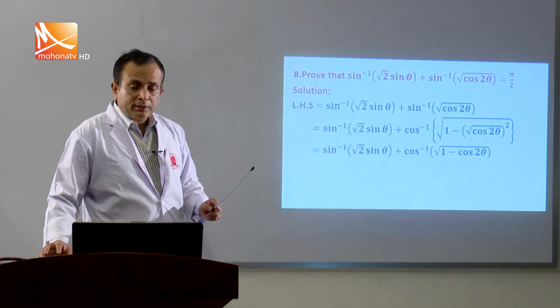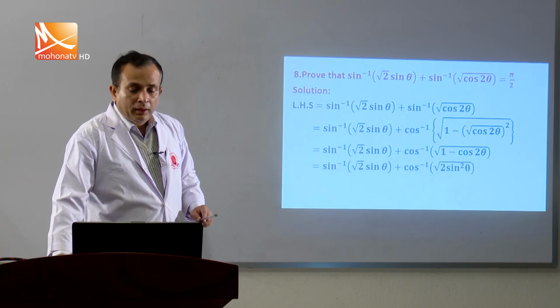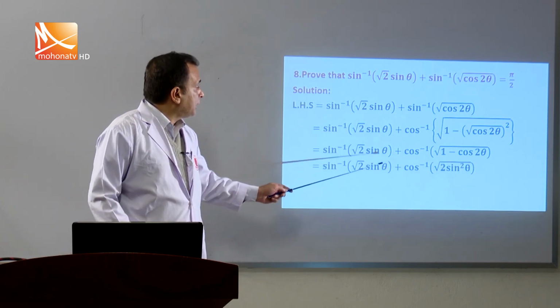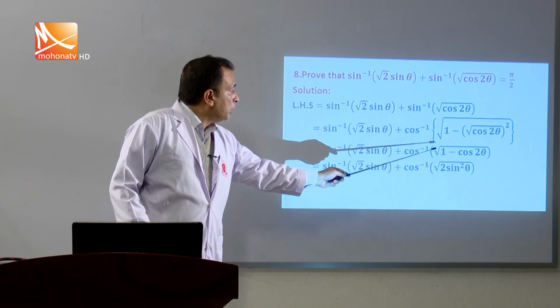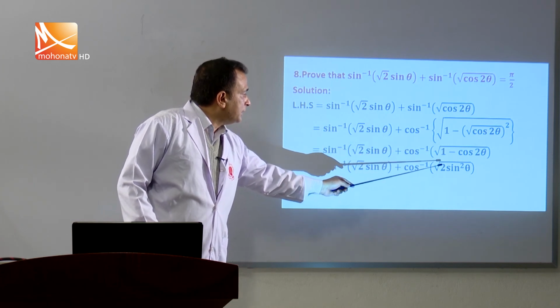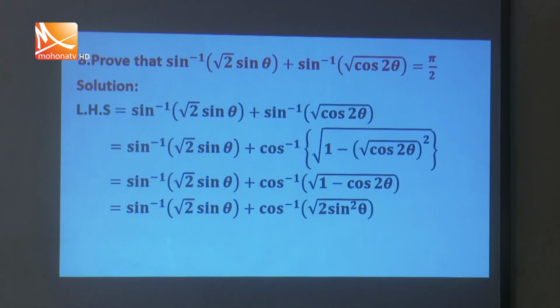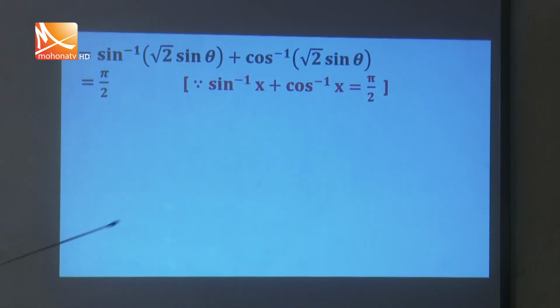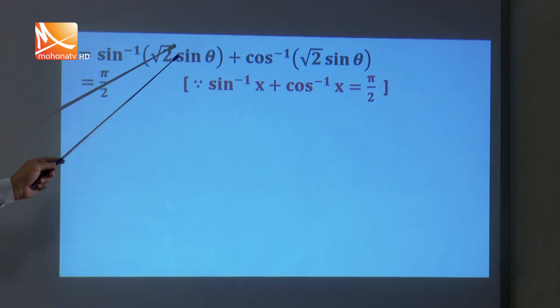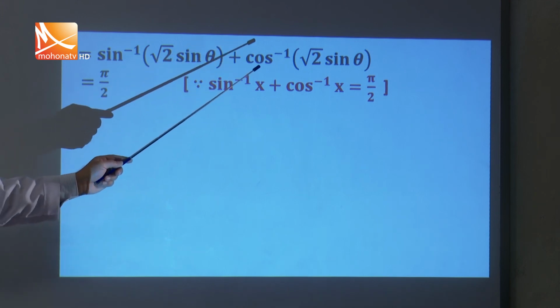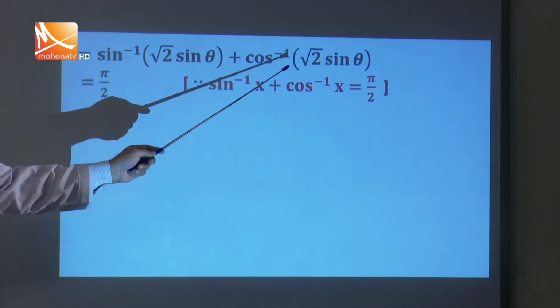Okay, you just see the next line, sine inverse root 2 sine theta plus cos inverse root 1 minus cos 2 theta, this is 2 sine square theta. Okay, then sine inverse root 2 sine theta plus cos inverse root 2 sine theta.